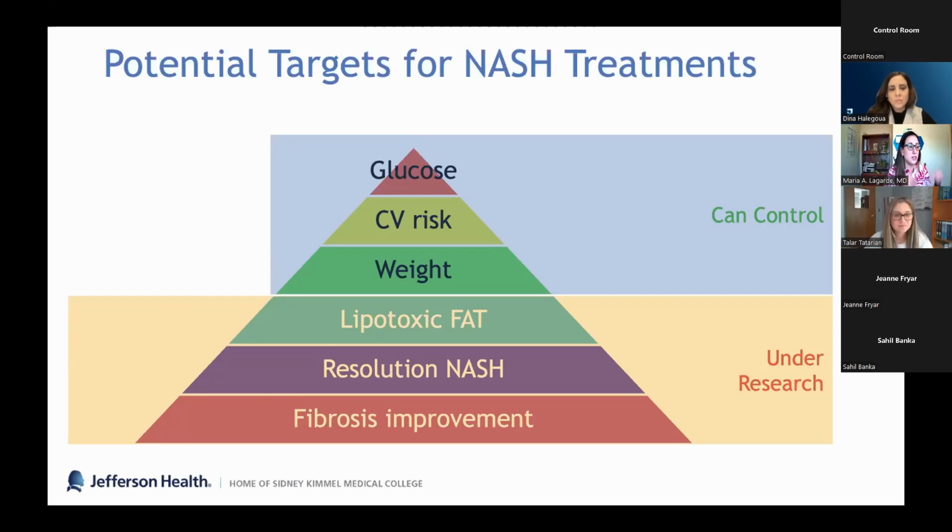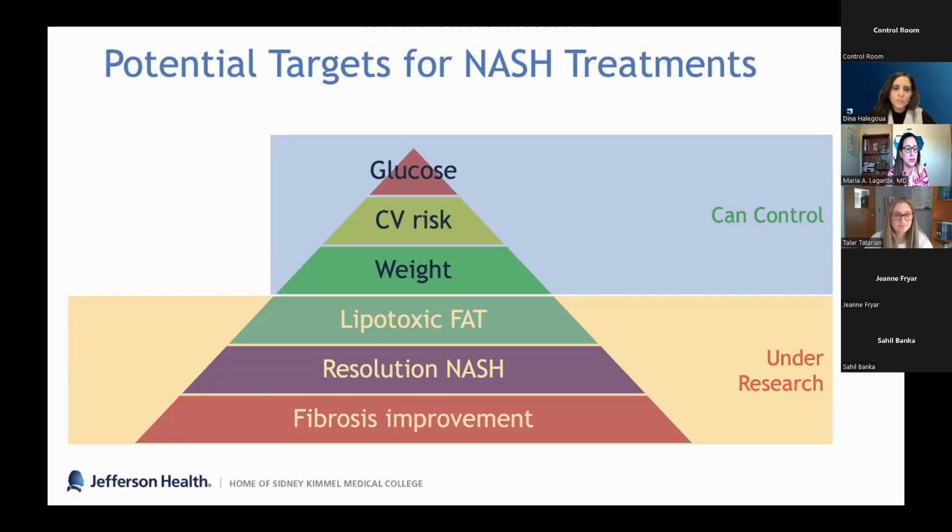But also we know that cardiovascular risk is the number one reason that patients with fatty liver die and have this major complication. And so that is one of our most important things that we have to address, together with managing their glucose and managing their diabetes.